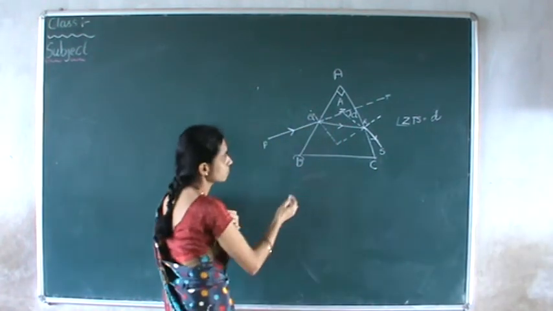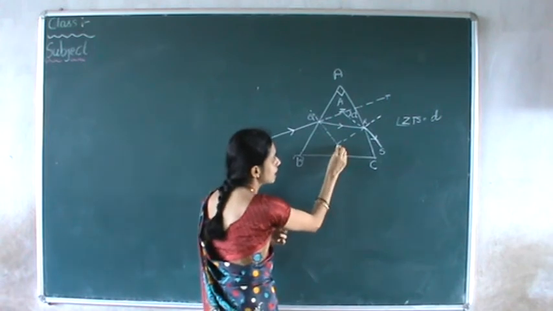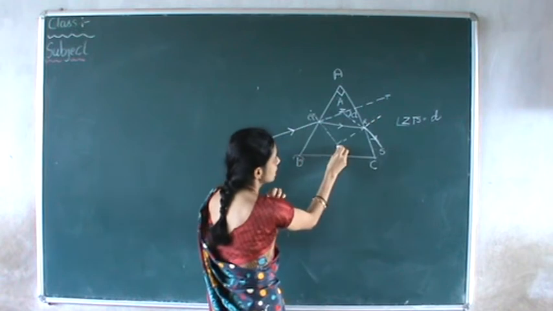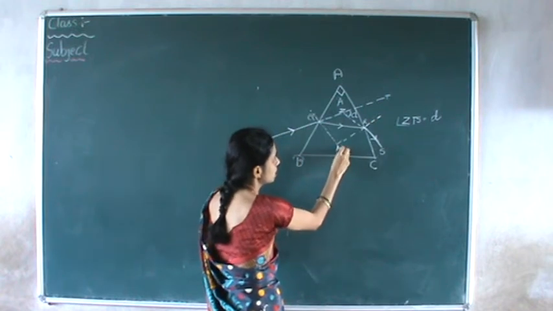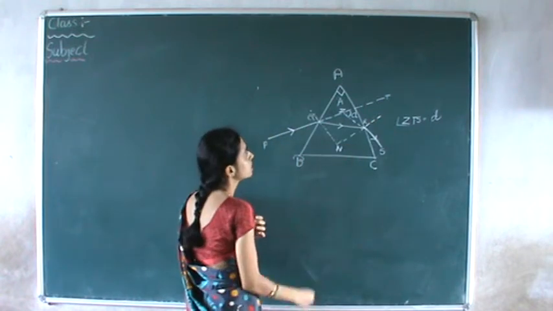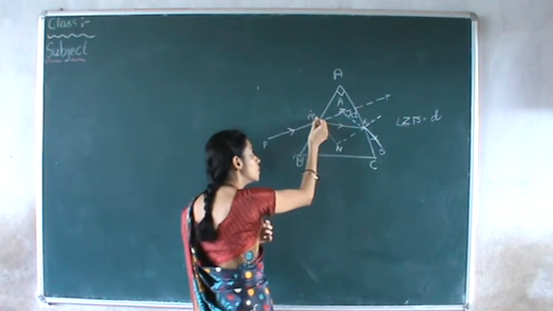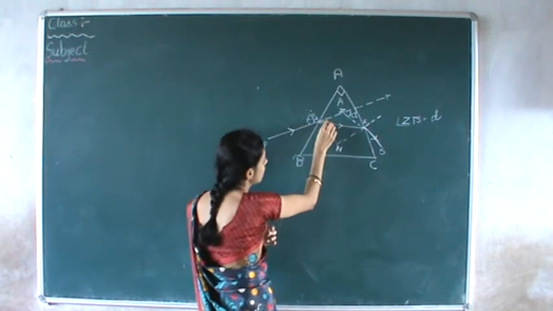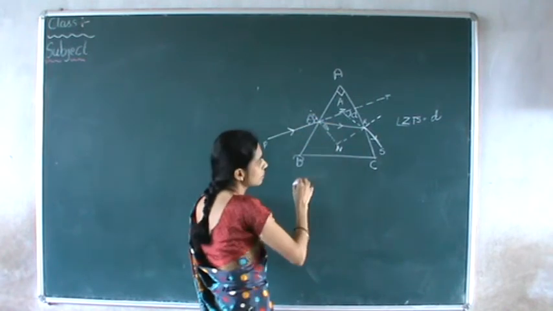Let the point where these two normals join be N. So for the first surface, I1 is the incident angle and R1 is the refracted angle.